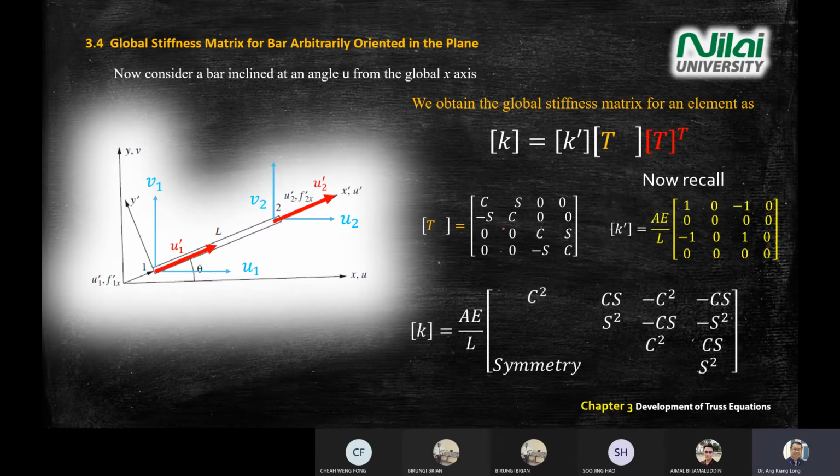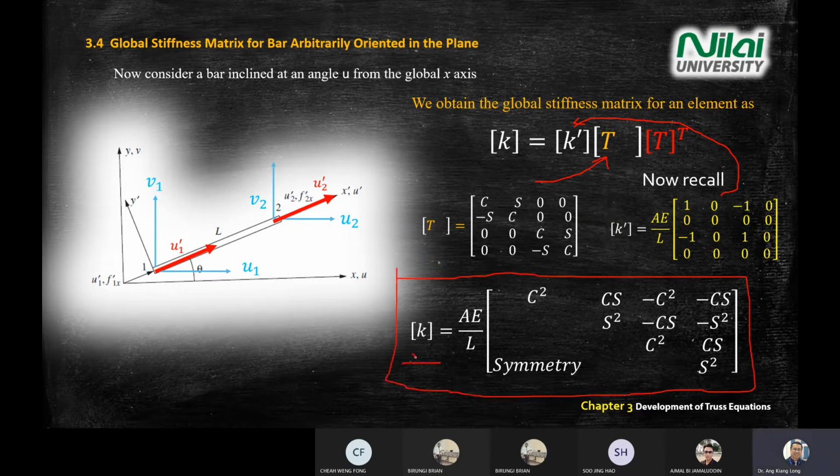You substitute this one in. You do the transpose process of this one. There are steps to do the transpose matrix. If you don't know how to do transpose, go and read the appendix. After you do the transpose, you put this one in, you multiply the products, then you arrive at this one.